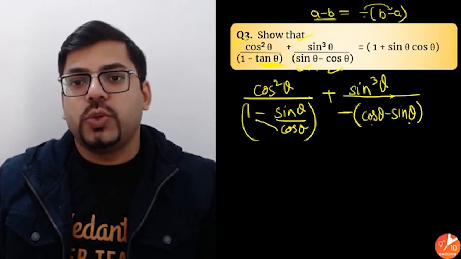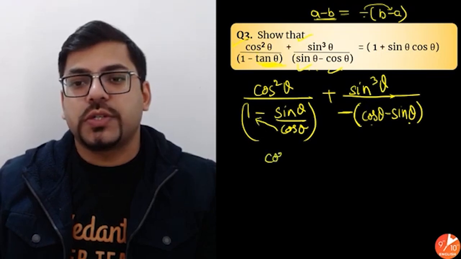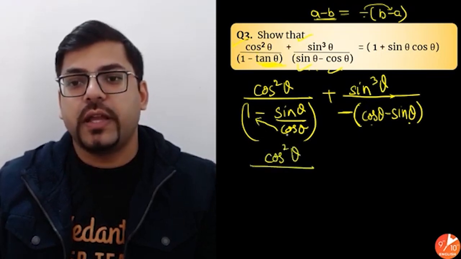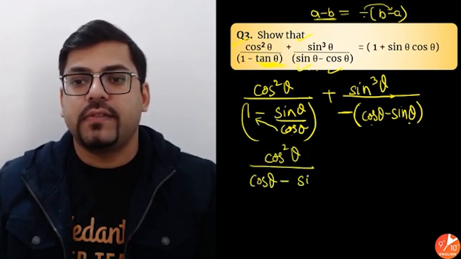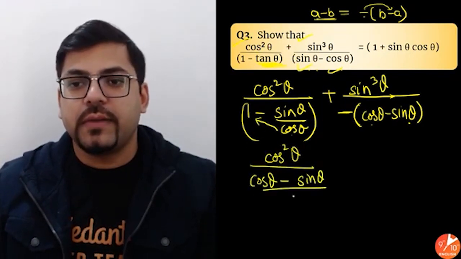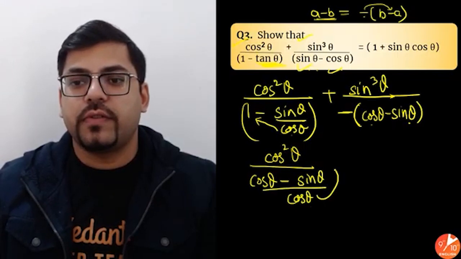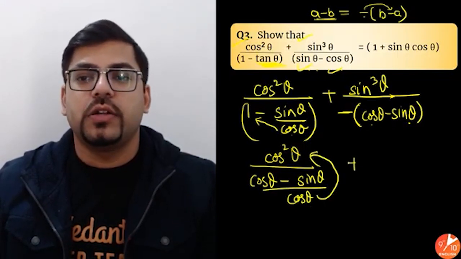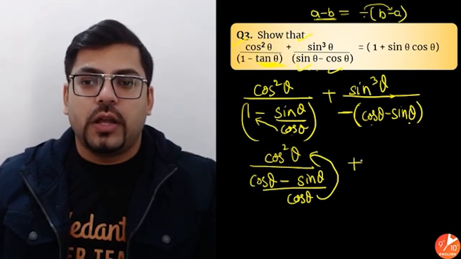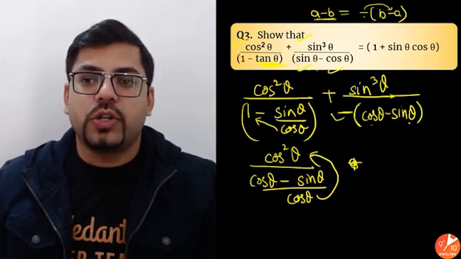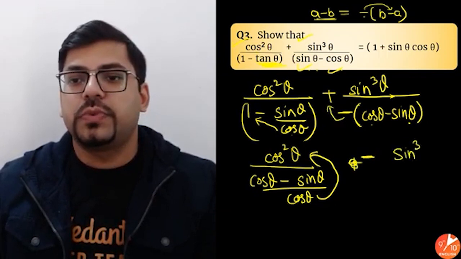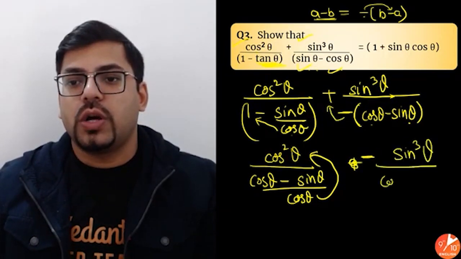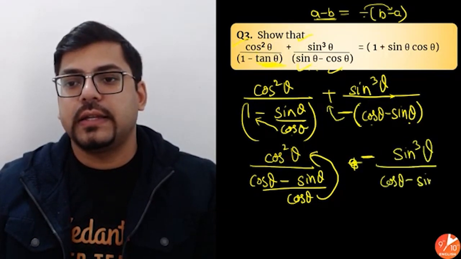Again, you can send this cos to this side. So cos²θ divided by cosθ, and cosθ minus sinθ will be here. This cosθ is in the denominator, which should go in the numerator. So instead of plus, send this minus here, so it will be minus sin³θ divided by cosθ minus sinθ.